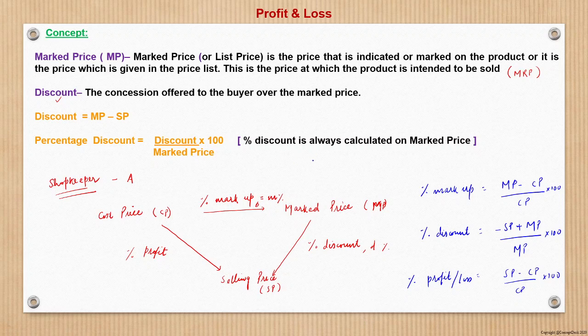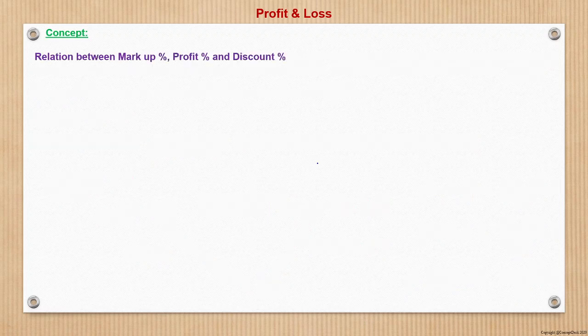Right. So with this in the background, now we will move ahead and try to find the relationship between the markup percentage, profit percentage, and discount percentage. So what have we done so far?